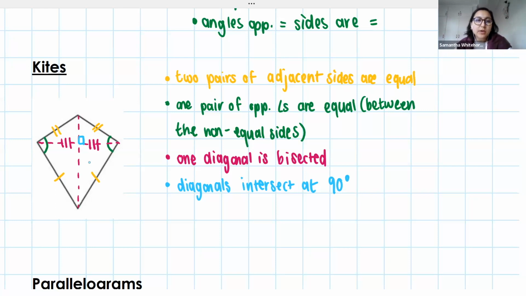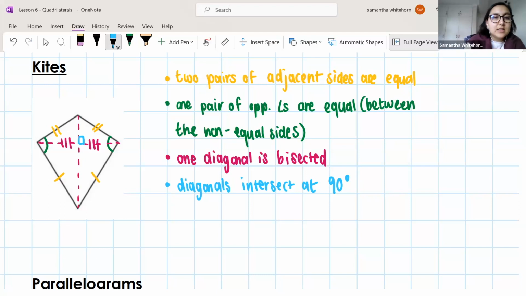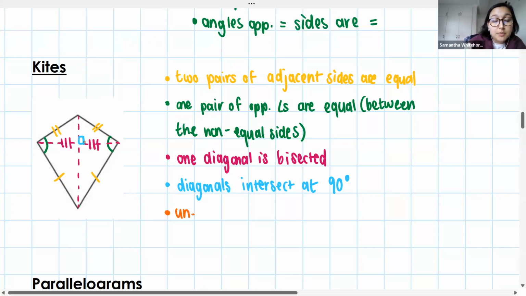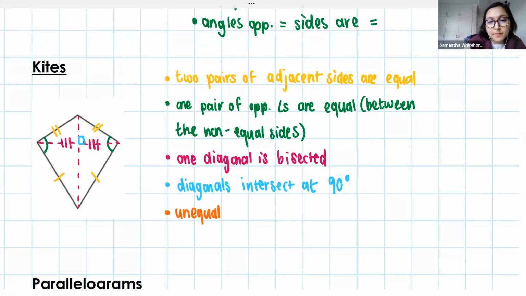All right, so those are your important characteristics of your quads. We've got one more that we haven't mentioned, and that's the fact that the unequal opposite angles are bisected by the diagonal.